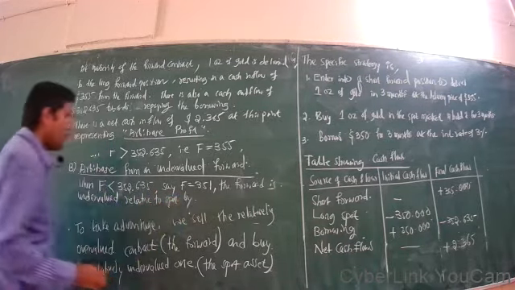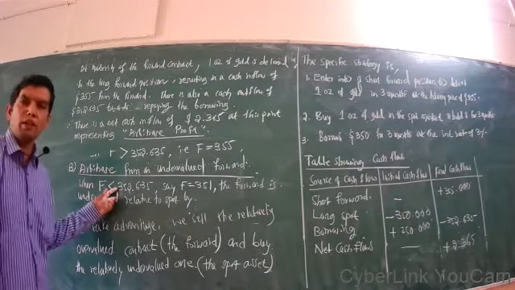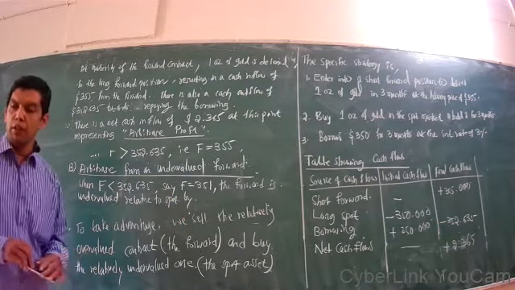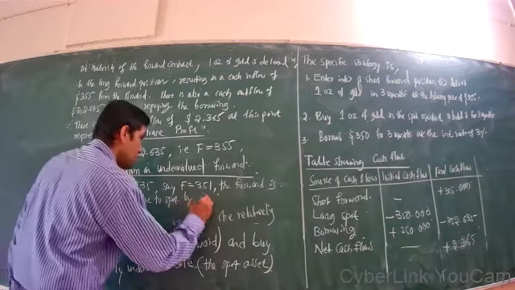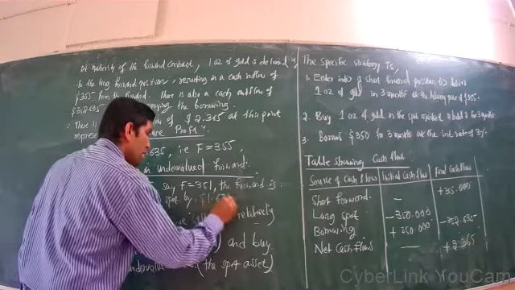You need to find the difference. 352.635 minus 351 gives $1.635.